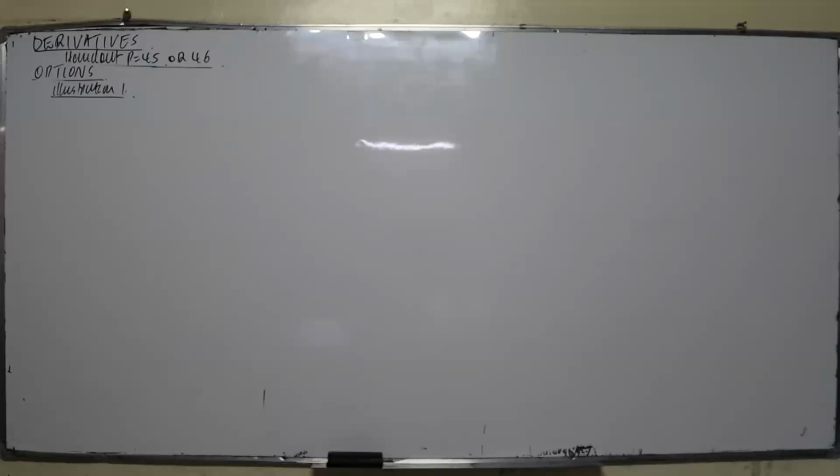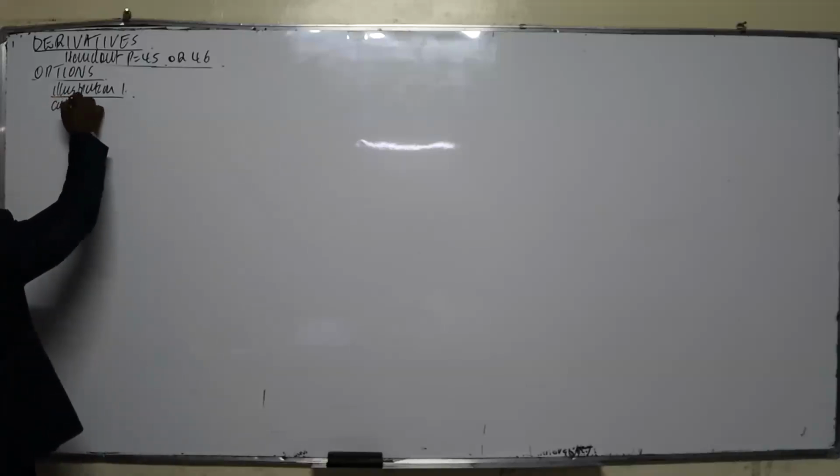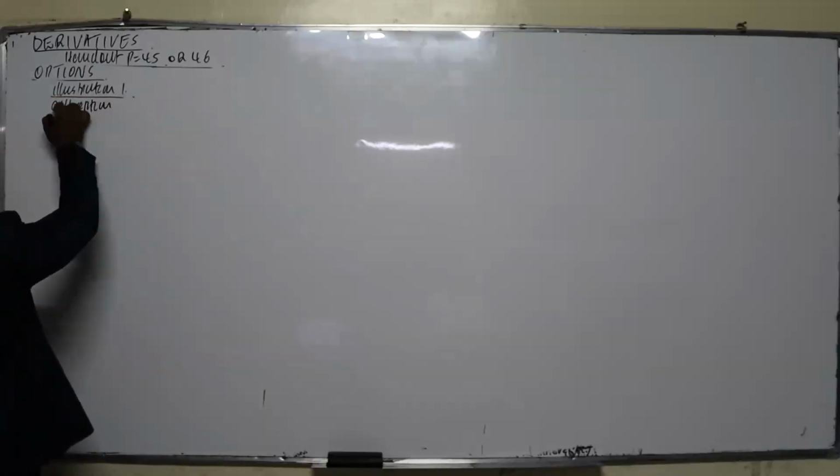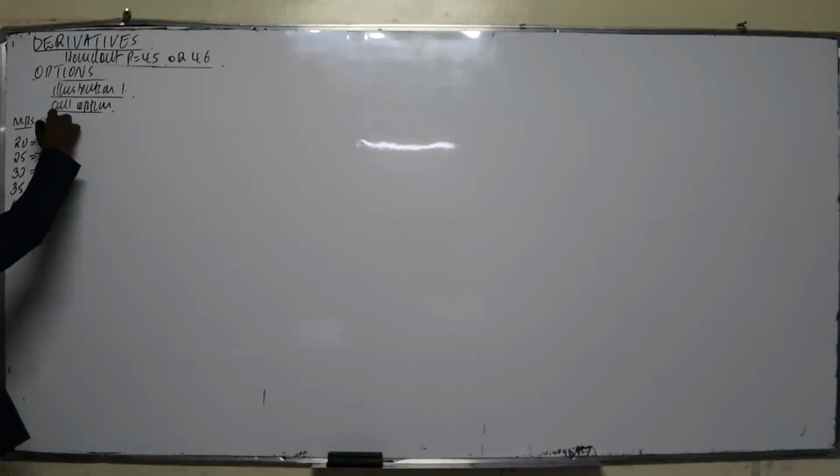So now we get the value of both call and put. Let's start with the call option. You have to evaluate, and you're given the prevailing market price per share: when the market price is 20, 25, 30, 35, 40, and 45. So how do we get the value of the call?